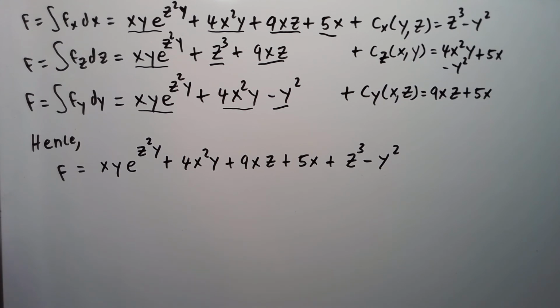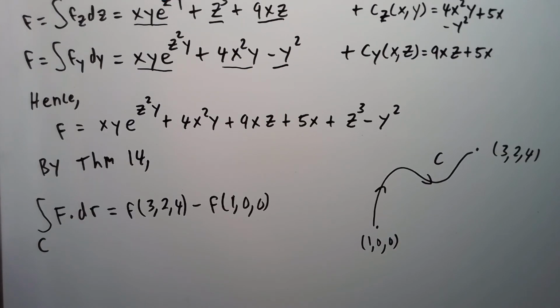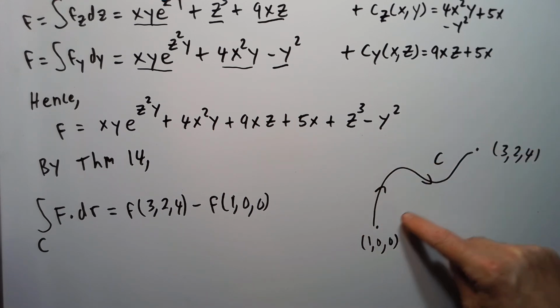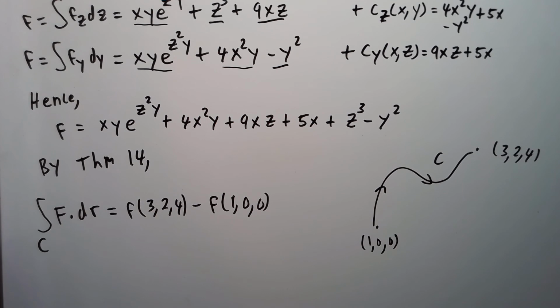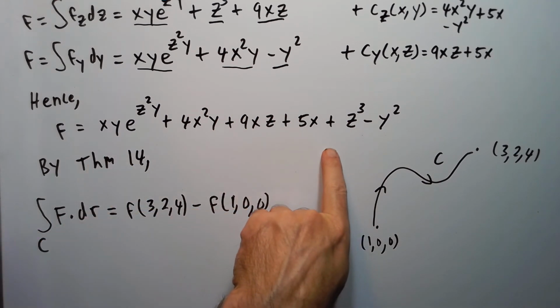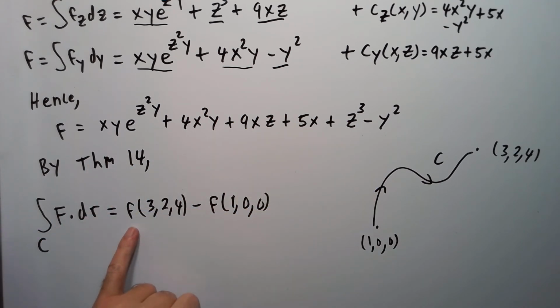Okay, now let's do the line integral from (1, 0, 0) to (3, 2, 4). It doesn't tell us the path, so it could be any path in here, just starting here, ending here. But it doesn't matter what the path is. All that matters is the starting and ending point because we've shown it's conservative. So by theorem 14, when it's conservative, once you find a small f, which we've done, it's going to be small f of the ending point minus small f of the beginning point.